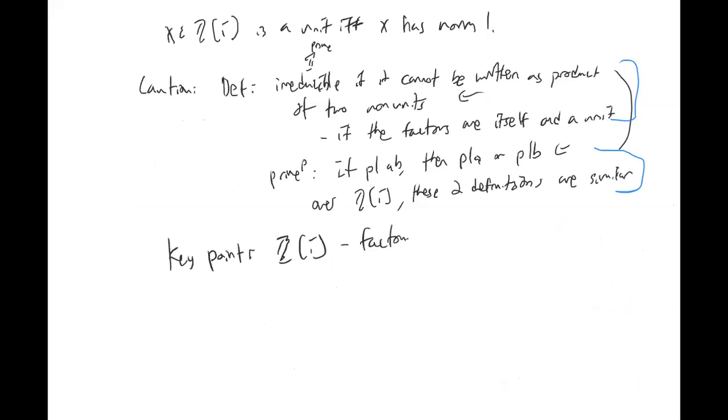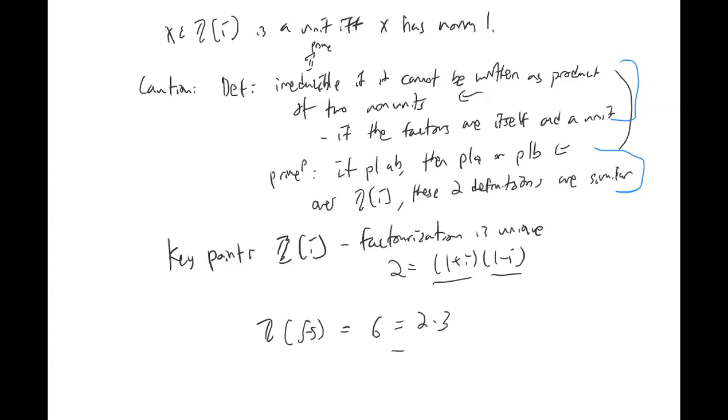Obviously some primes don't stay prime, like 2, which I think he gave as an example in class, but this is the only way to factor 2. It's unique. But here, for example, 6 is 2 times 3, but it's also this.